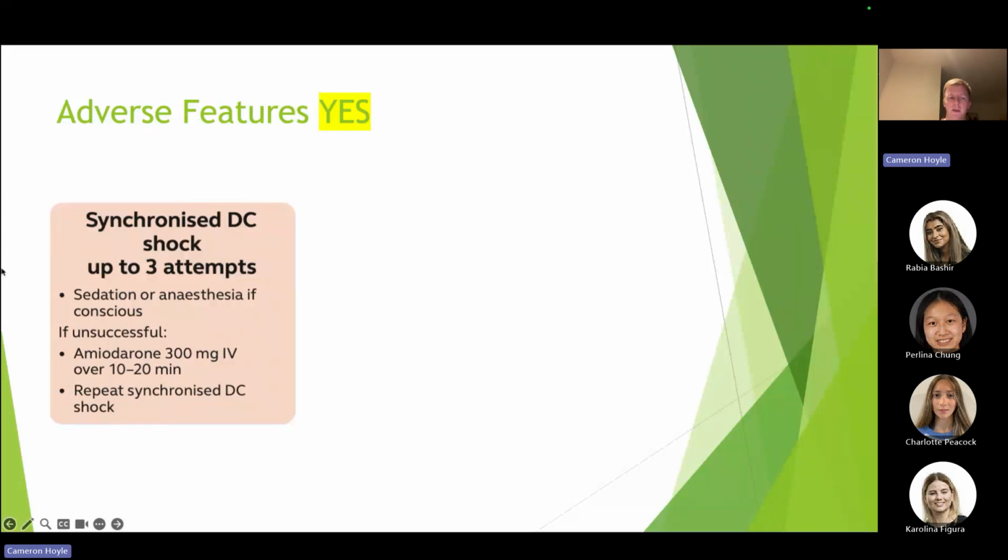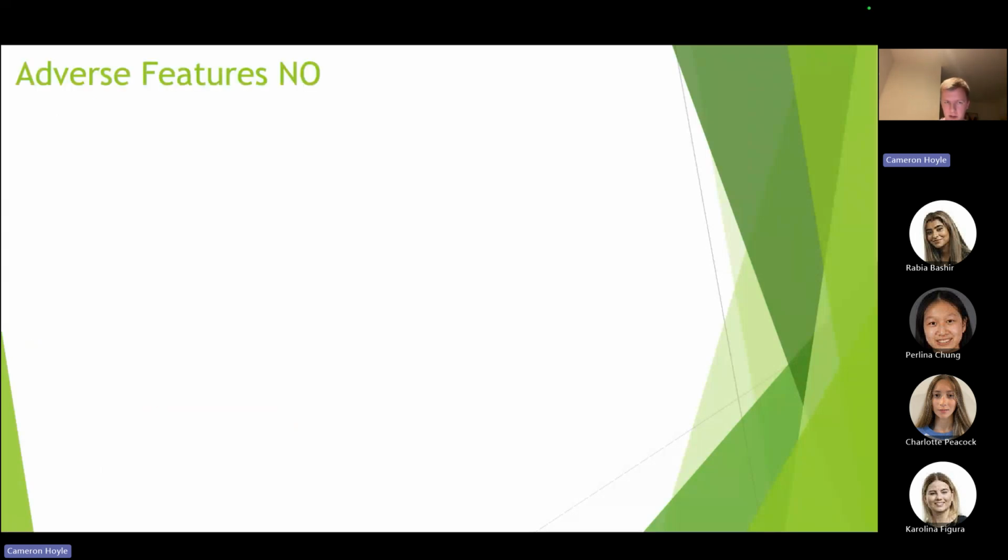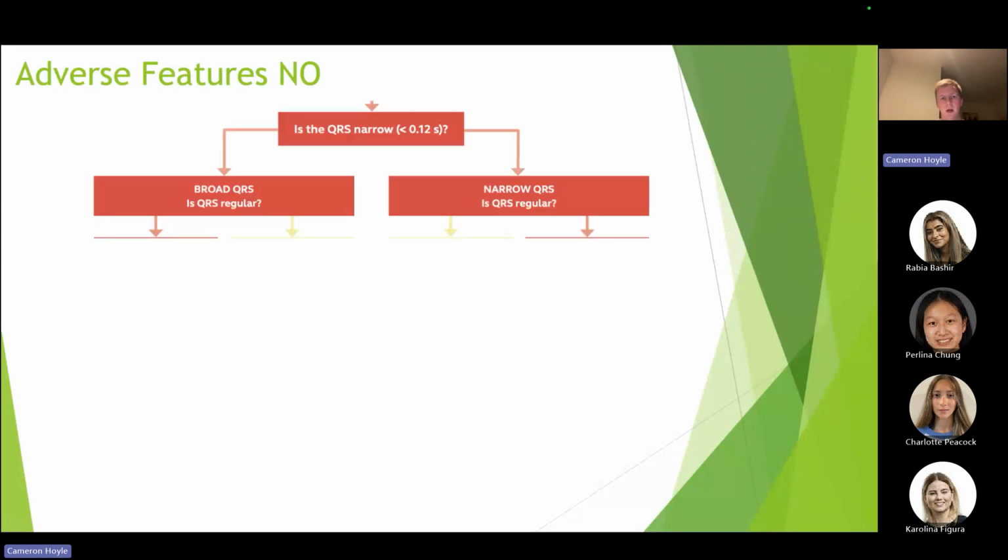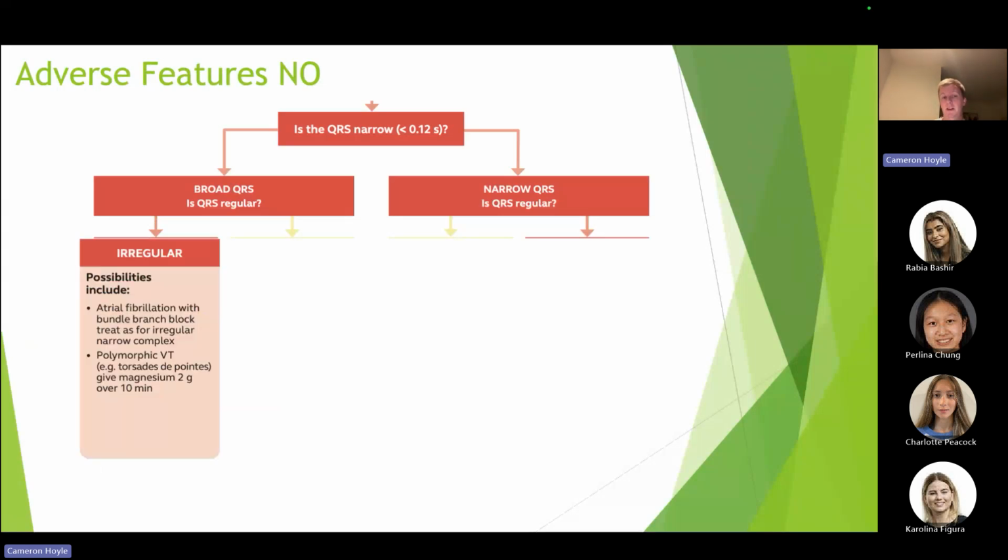So this is if there are adverse features. If there aren't any adverse features and you've just got this tachyarrhythmia, you then go down the algorithm. So we'll look at whether the QRS complex is broad or narrow. If it's broad and irregular, it could be atrial fibrillation with bundle branch block, or it could be this polymorphic VT, sort of the torsades.